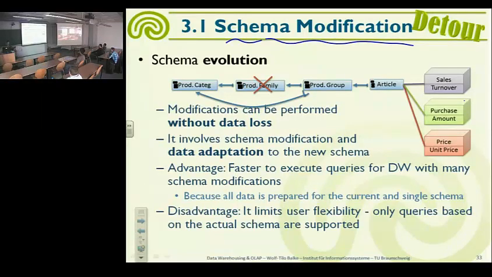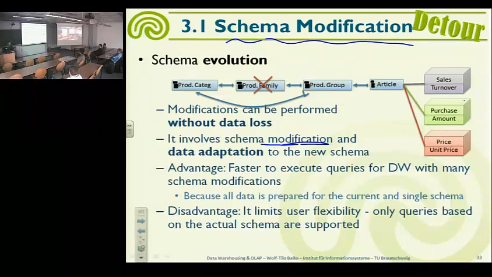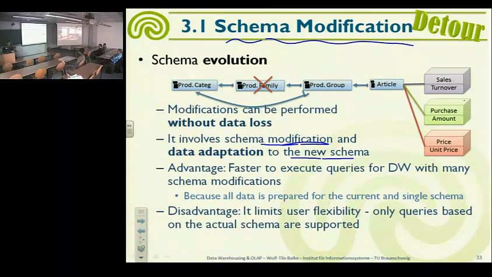So what you do is a simple modification to adapt the schema that you have now for the new requirements or what you want to do. So what you would have now is basically two schemas, the older one and the newer one.